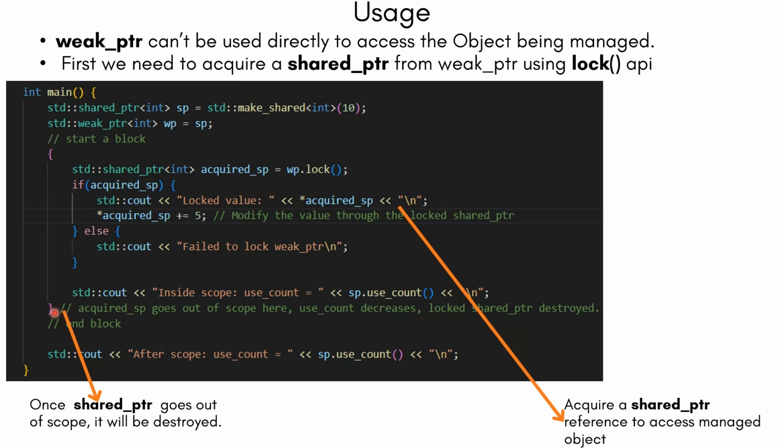Once this block exits, the local variables of this block will be out of scope. So the acquired shared pointer will be out of scope after this brace and will be destroyed. After this, you have one strong count and one weak reference count.